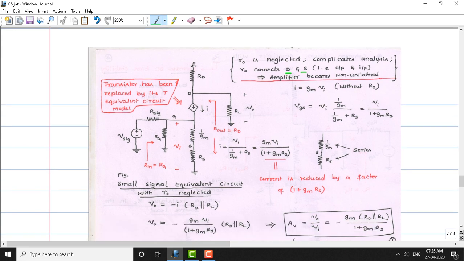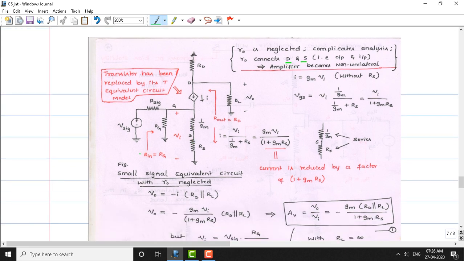So now we'll try to analyze this circuit. This is the signal that needs to be amplified, applied via R signal, which is nothing but the internal resistance here, and we replaced the MOSFET with its T model, which contains a current source and a resistance 1 by Gm. Only thing is R naught is not there. Now, the current flowing here, I, can be derived mathematically.